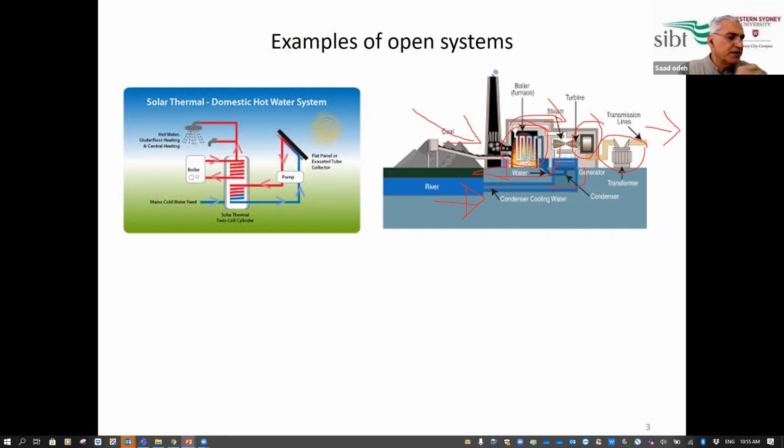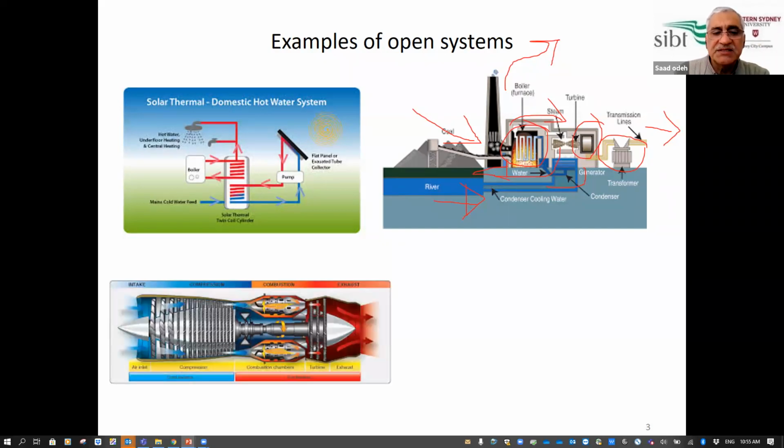So we have gases coming from burning the coal, and this is also crossing the boundary of the system. So we have fluid in, fluid out. So this is an open system at the end. This, in brief, is what we mean by an open system.